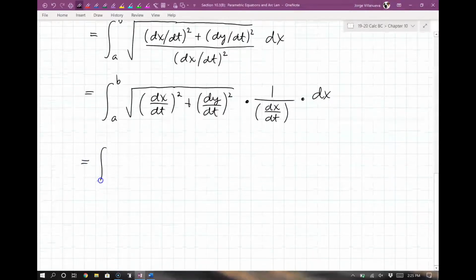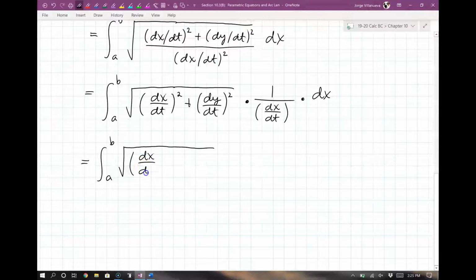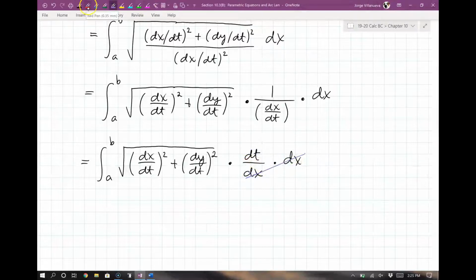Well, let's just keep simplifying, just doing a little bit of algebra here. This square root stays the same, dx dt quantity squared plus dy dt quantity squared times, now 1 over dx dt is the same as dt over dx times dx. Now you'll be able to cancel out these dx's and end up getting the formula that we're looking for.